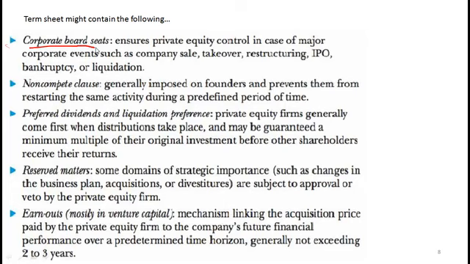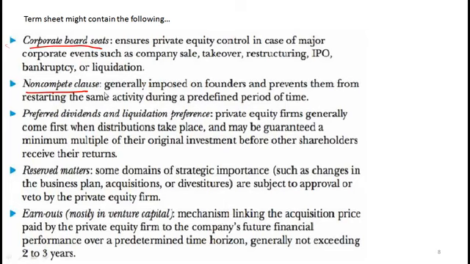Generally, as you might expect, the private equity firm will be on the board of all the companies that they've invested in. So this ensures private equity control in case of any major corporate events such as company sales, takeover, restructuring. So for example, when Abraj takes over a company, Abraj people are on the board of that company to help ensure that the company is making the right decisions.